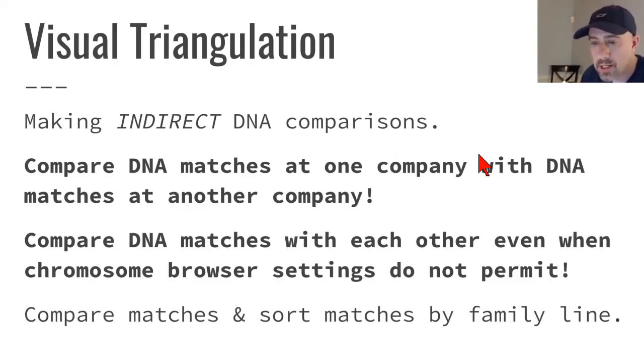So visual triangulation has a lot of power to help us with things that can be very challenging otherwise, and ultimately gives us the power to make comparisons and allows us to sort matches in ways that would not be possible without this method.